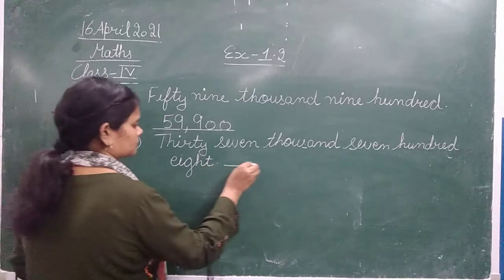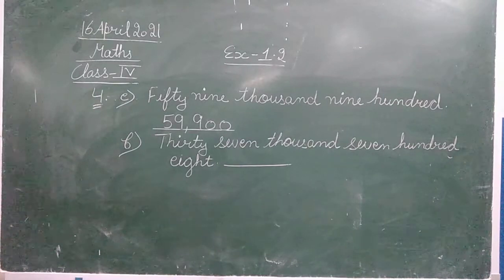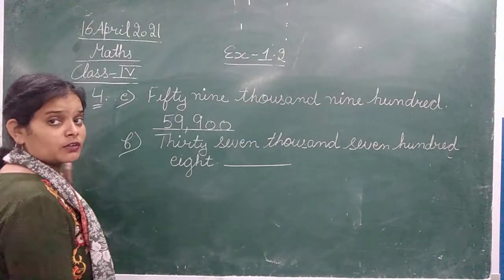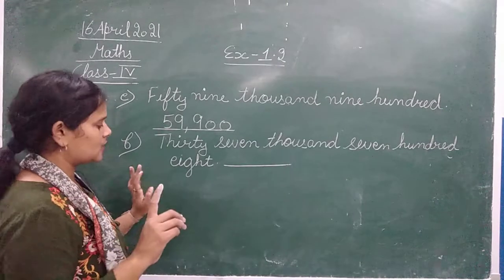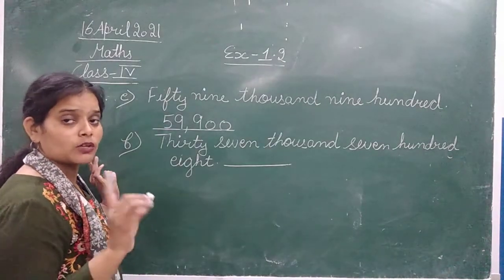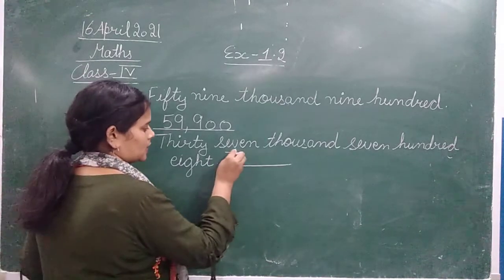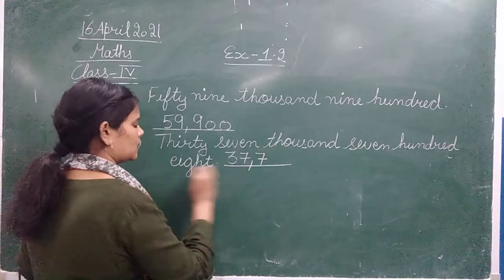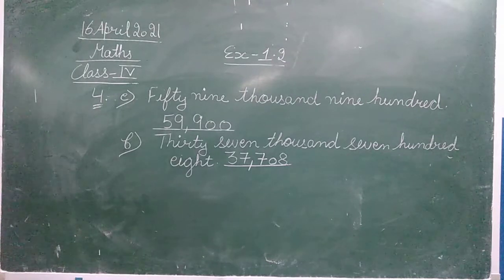It is given here like this. 37,000. So that means we write 37,000. So लिखिए 700. 7 is at 100 place and 8. There is only 8, not 80 or something like this. So there is nothing given at tens place. So we will write it like this: 37,000, 708. That is 37,708.